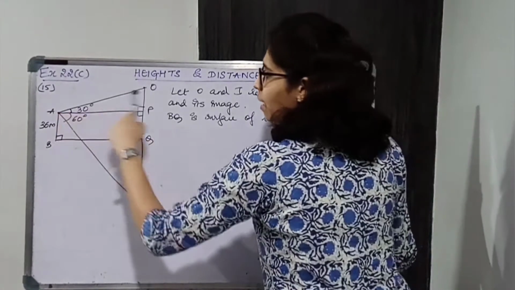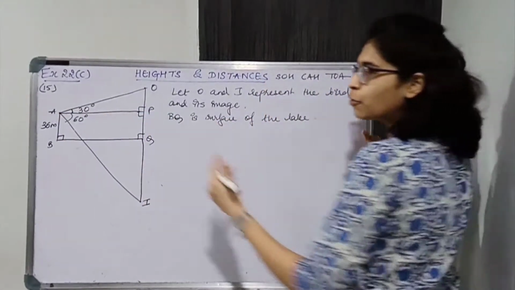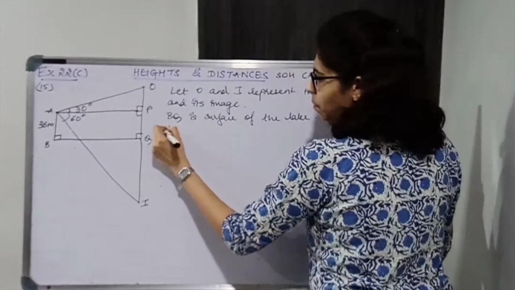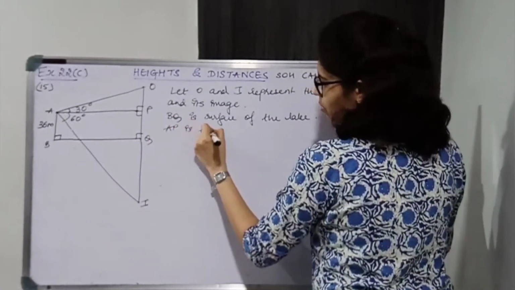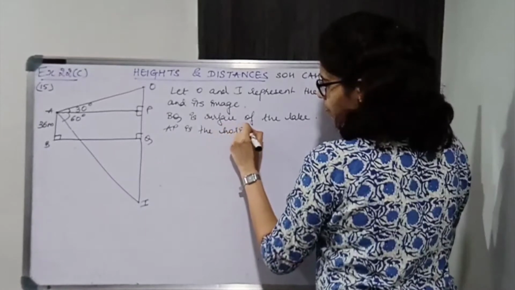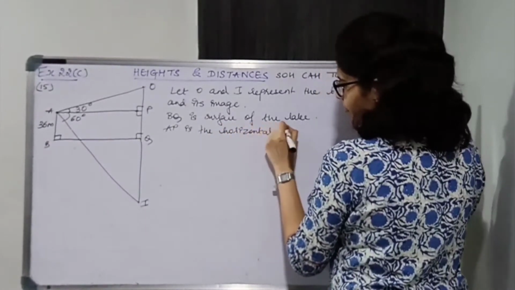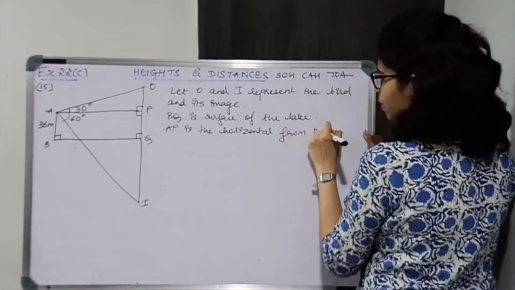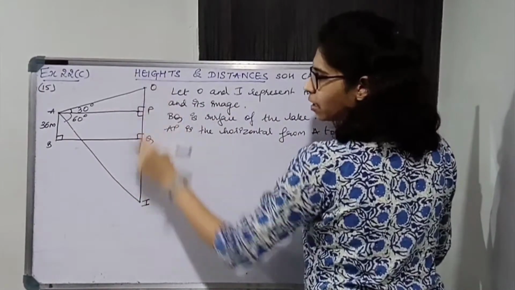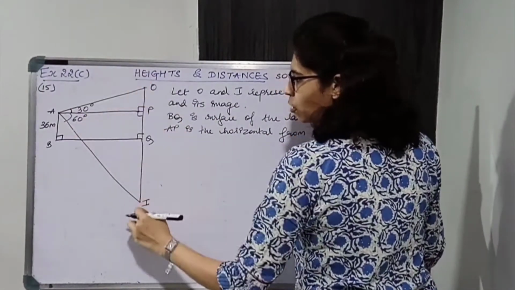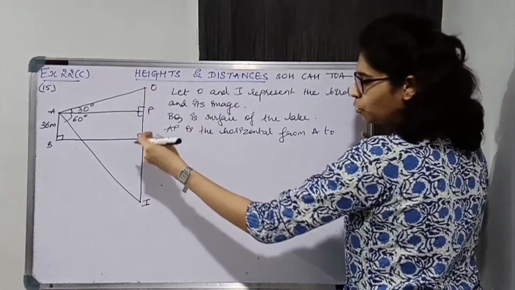What else? AP is the horizontal from A, so AP is the horizontal from A to OI, correct. From A we are drawing a horizontal to OI or OQ, all right.